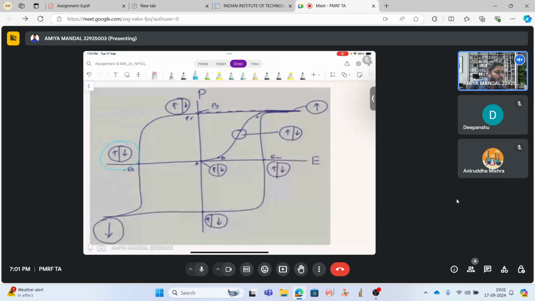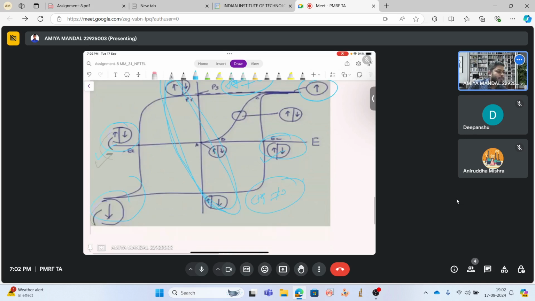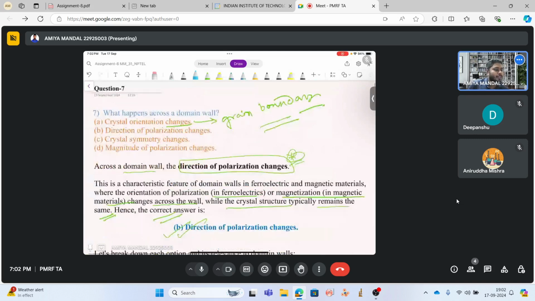At this position, you can see two dipoles are oriented in similar directions, and at this position monodomains are formed. At these other positions, there is a delta P variation, not equal to 0. Based on this concept, you can now answer the question of what happens across a domain wall: only the direction of polarization changes.